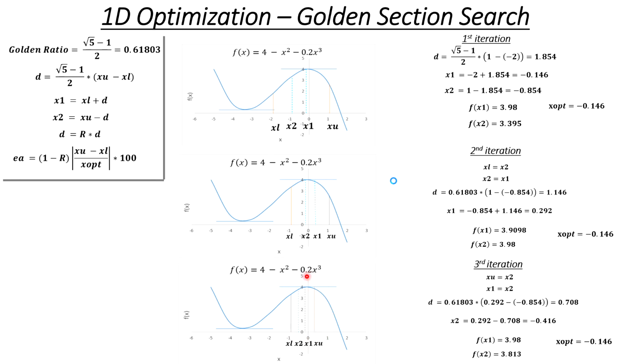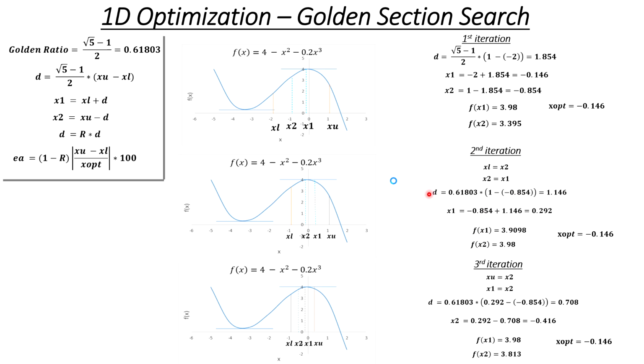And if we predicted what's going to happen for the 4th iteration, you're going to find that here x1 is where the optimum is, so our new section is going to be between x2 and the upper limit, which means x2 here becomes our lower limit, and x1 gets replaced with x2, and now we calculate the new x1.